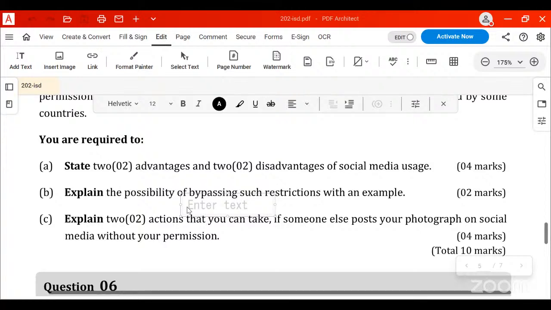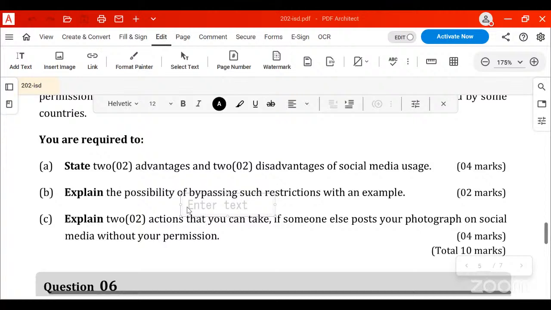Excessive use can lead to addiction, anxiety and depression due to comparison and cyberbullying. Cyberbullying is a very common, big threat. Privacy concerns mean personal information shared on social media can be misused or exposed to unauthorized parties.